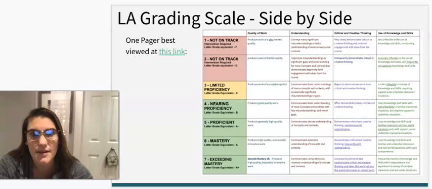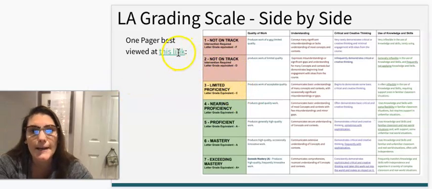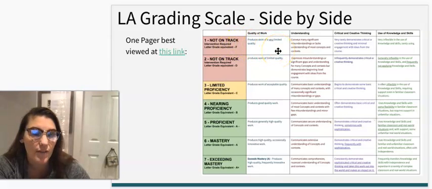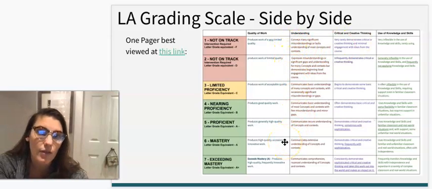And then I also have this chart at this link for you. And you can see that we're looking for 4 main skills overall: quality of work, understanding, critical and creative thinking, and use of knowledge and skills. And you can see how that progresses throughout the different numbers of scales. So definitely check that out.